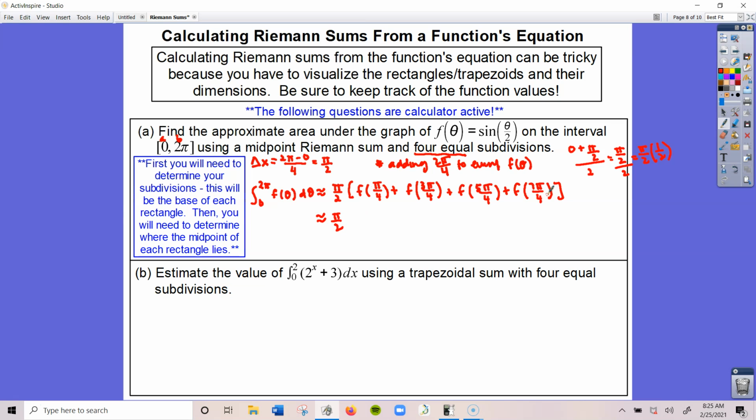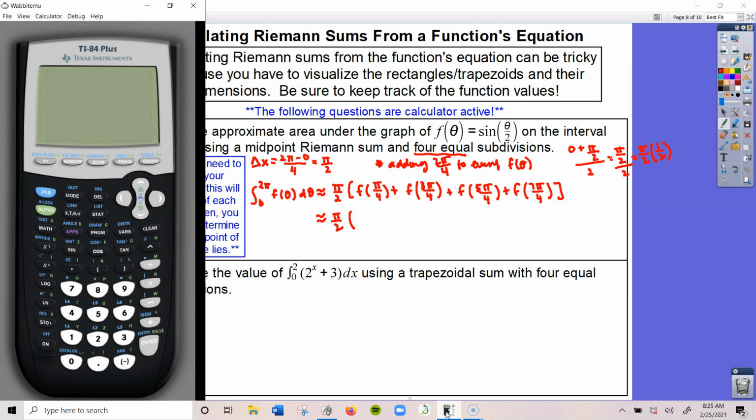Now I need to know what these function values are, and that's where the calculator comes in. So I'm going to go to my calculator, and I'm going to graph the function, sine of x divided by 2. And let's graph it.